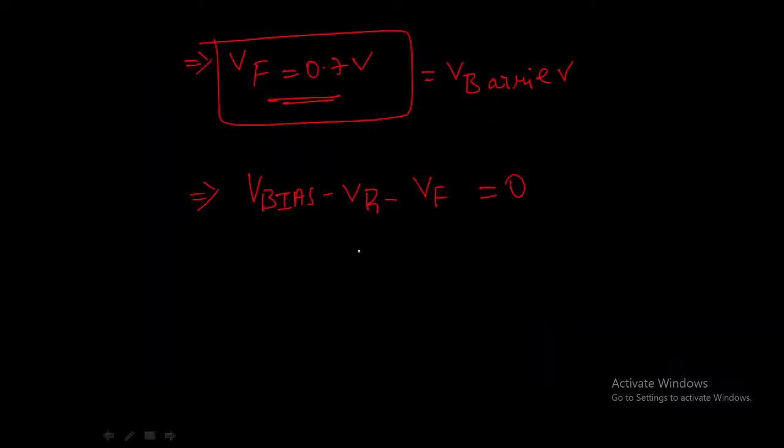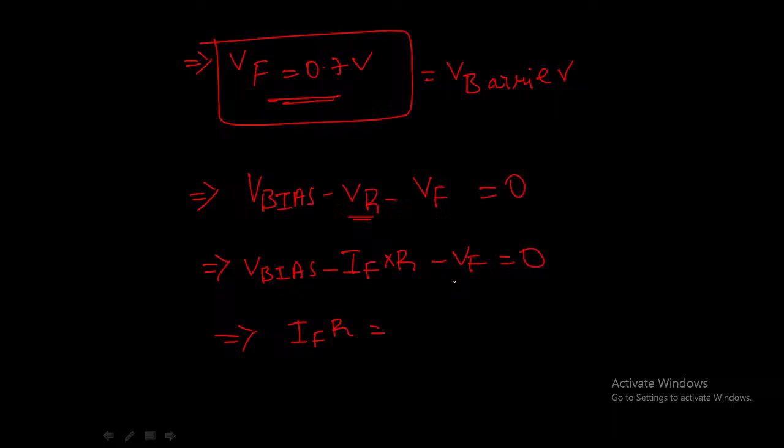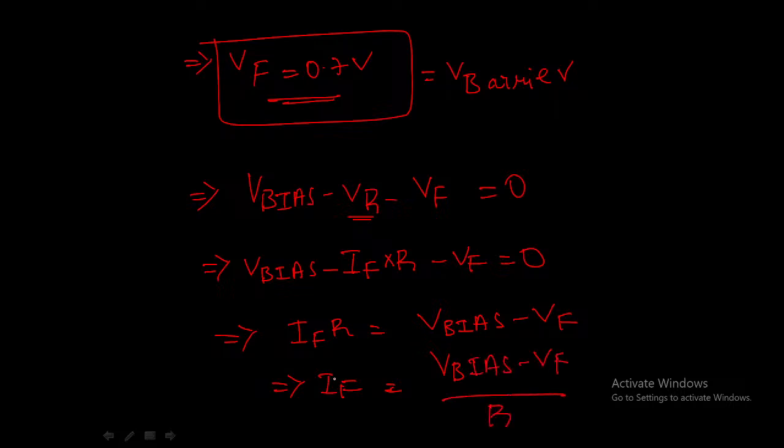If we substitute here, we get V bias minus IF times R minus VF equals 0. So IF times R is equal to V bias minus the forward voltage VF. Finally, the forward current flowing through the diode will be equal to V bias minus VF divided by R, where R is the external resistance.